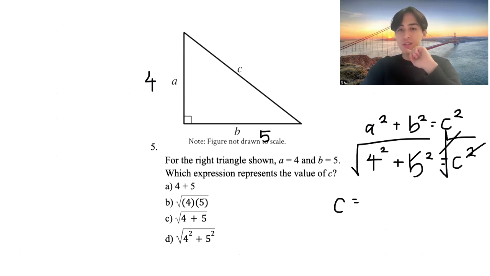So that leaves C equals the square root of 4 squared plus 5 squared. So your answer has to be D.